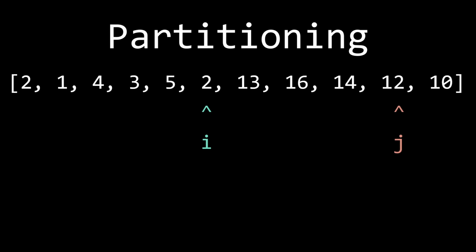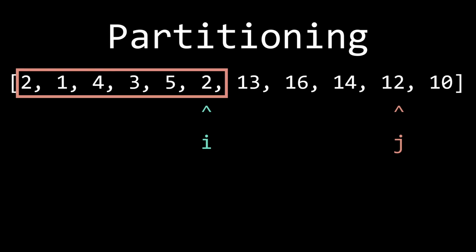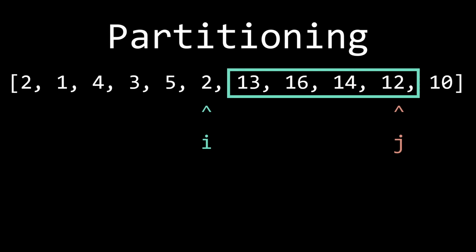And so now, as you can see, we have two groups. We have the first group, which is all the numbers that are less than the pivot, which is 10. And then we have the second group, which are all numbers greater than our pivot. Now all we have to do is make sure that the pivot is between the two groups.